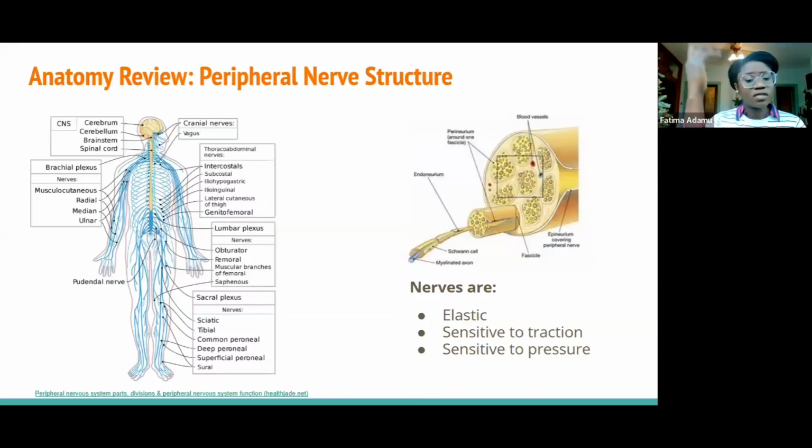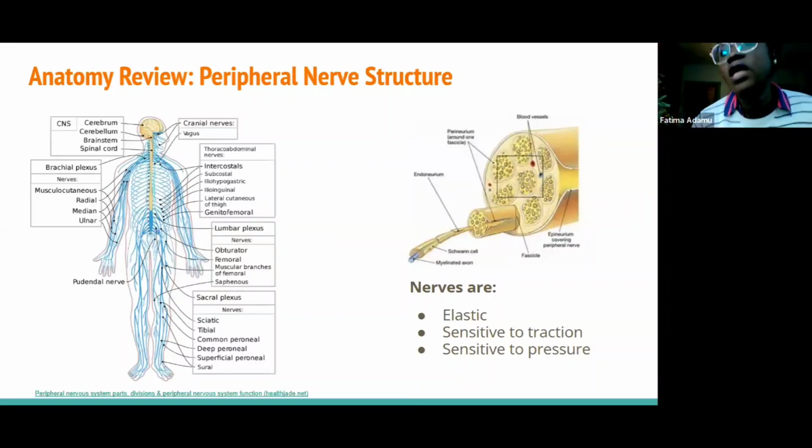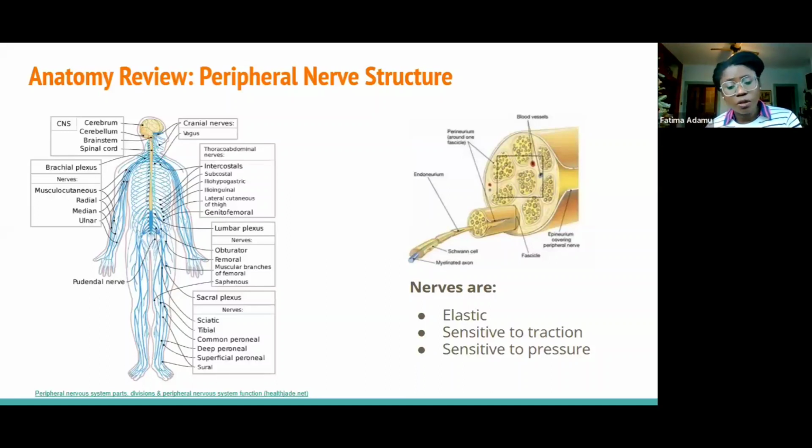They're also very sensitive to pressure. So sometimes, if somebody were to be unconscious for a long period of time and to have their radial nerve, which runs through the humerus here, if that were to get compressed for a long period of time because the patient is unconscious and not getting assistance, that can lead to the radial nerve being injured, and then you might get a patient who just cannot extend their wrist at all.